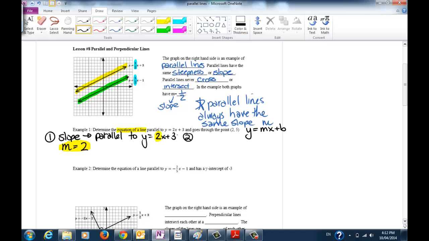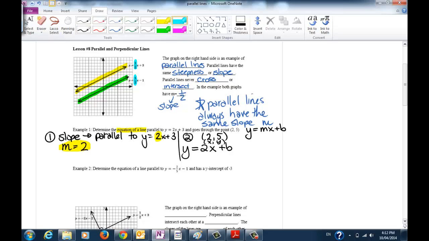So we've figured out the first part. Now, the second piece, just as in last class, is to use the point that they've given us. Okay, so far we have y equals, and our m is now 2x plus b. I don't know what the y-intercept for this line is, but I can use our ordered pair (2, 5).